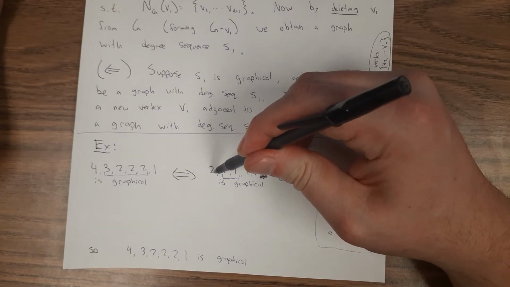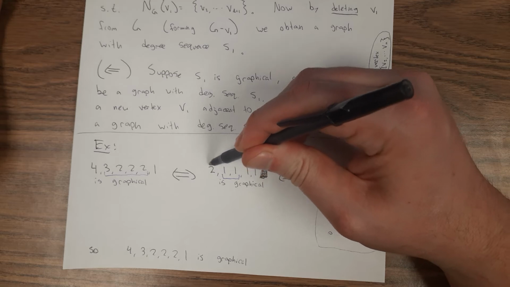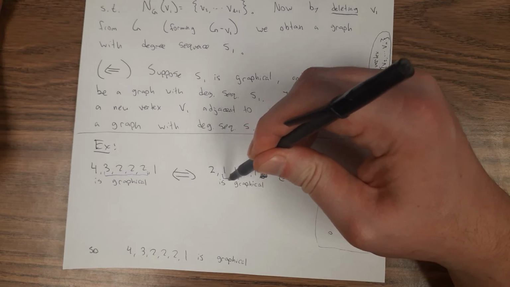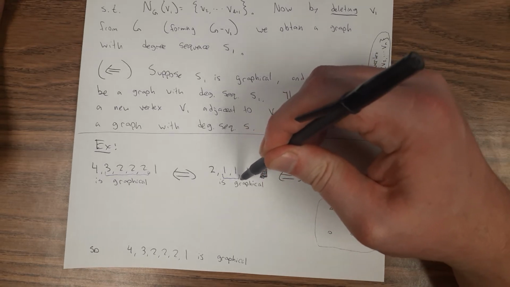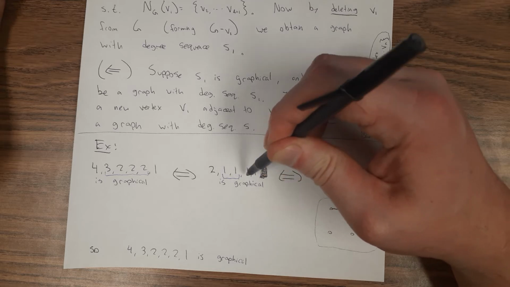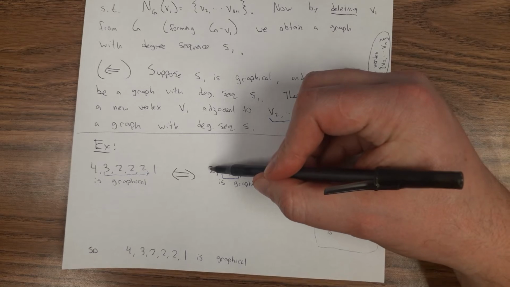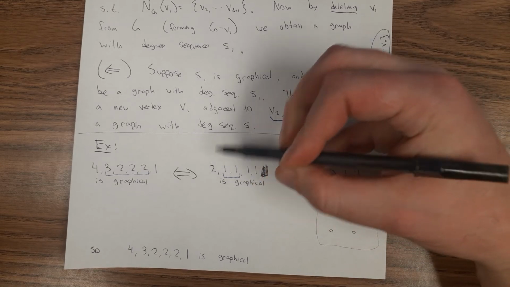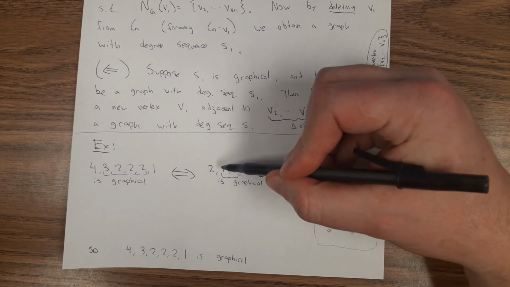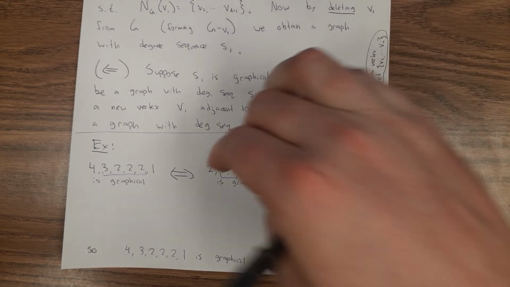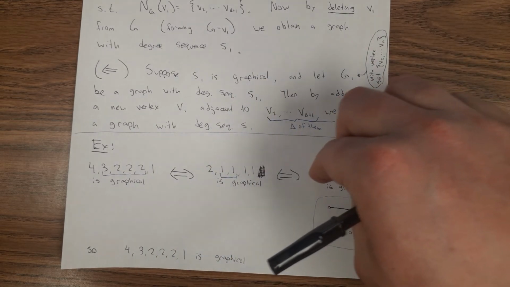And in the special graph, the neighbors of the first vertex, V1, consist of a consecutive block of vertices starting at the next vertex and going onward until you're done. So the idea was if this was graphical, we were going to make this 2 adjacent to these 2 1s, which became these 2 zeros.